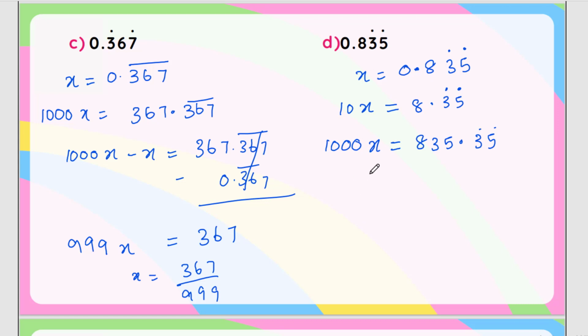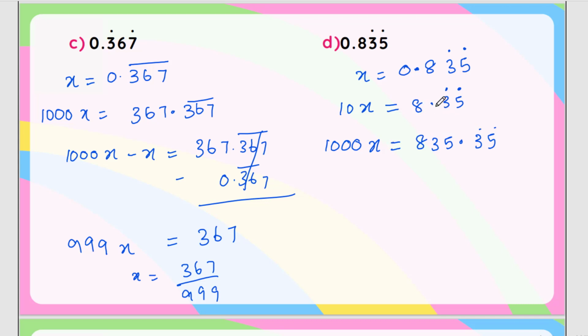After the decimal point, here you have 835 and here it is 35. It is not matching. If it matched, it would get cancelled easily, right? We could simply strike it out. But if you don't make the same digits after the decimal point, it is difficult. That is why first we make it 10x and then subtract.